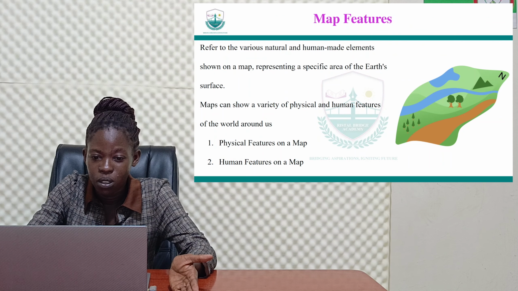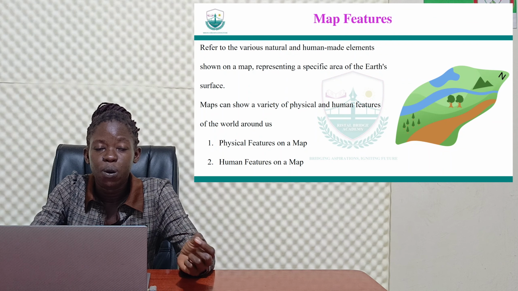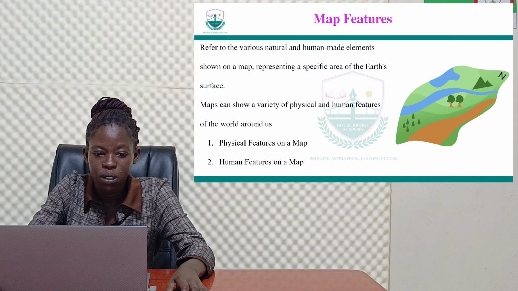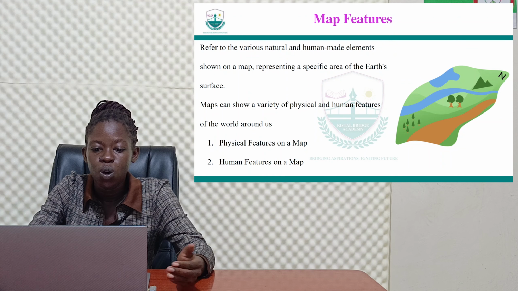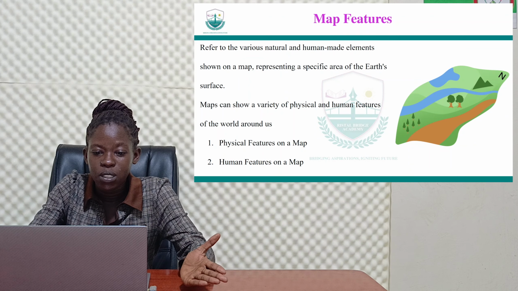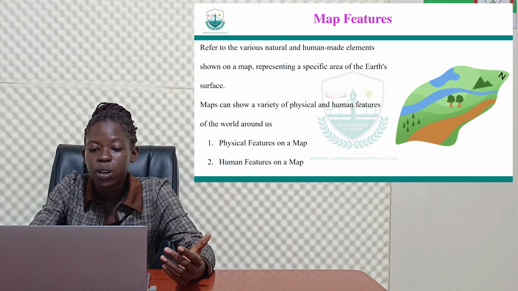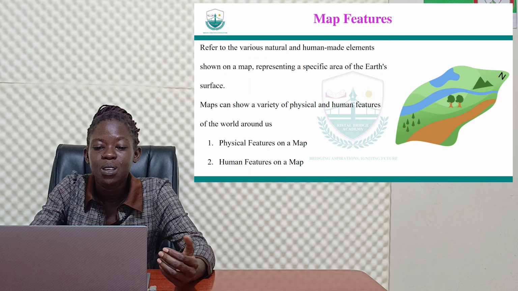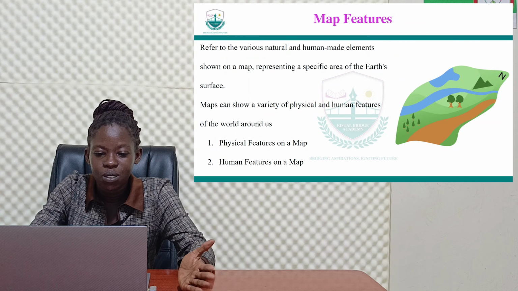It simply means the various natural and human elements that are shown on a map, representing the Earth's surface, depending on the map that you're being tasked to draw.